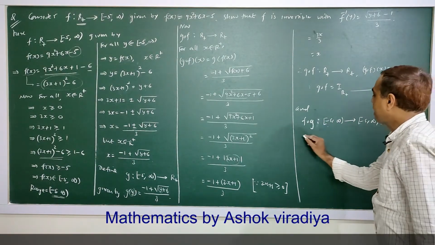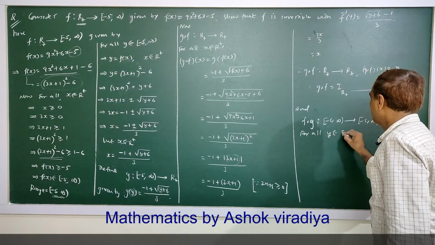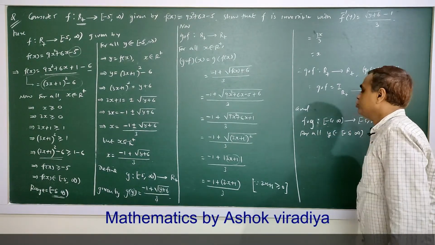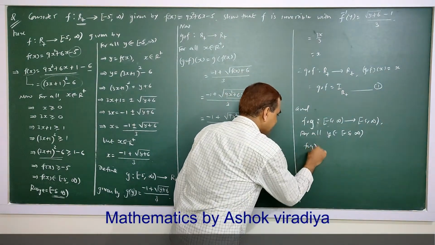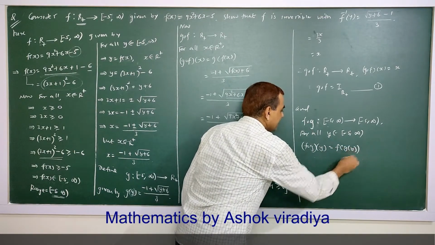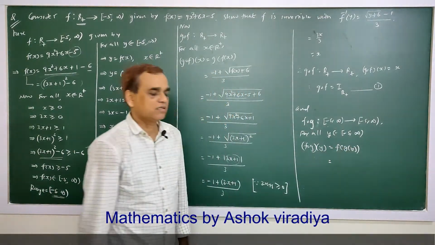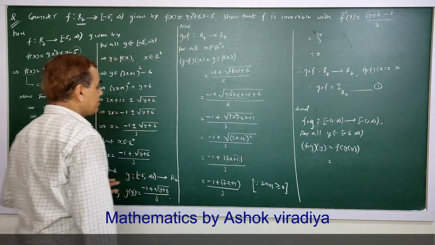Now for all y belonging to -5 to infinity, we are finding FOG of y equal to f of g(y). Now in the formula for f we are putting g(y).